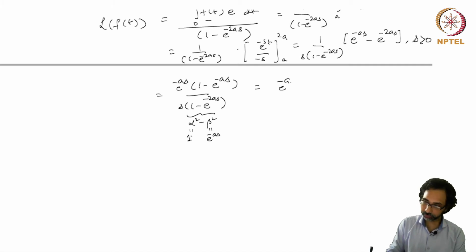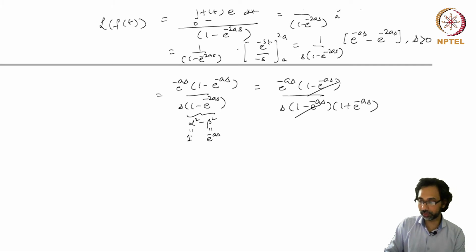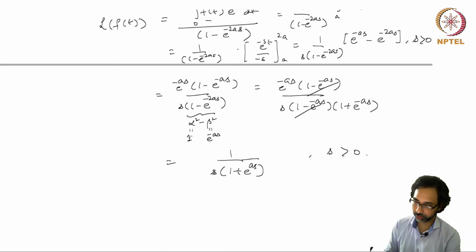So therefore we will get (1 minus e to the power minus as) by s (1 minus e to the power minus as)(1 plus e to the power minus as), and one of these factors cancels out, and you can rewrite this as 1 over s times (1 plus e to the power as), and this is valid for s greater than 0.